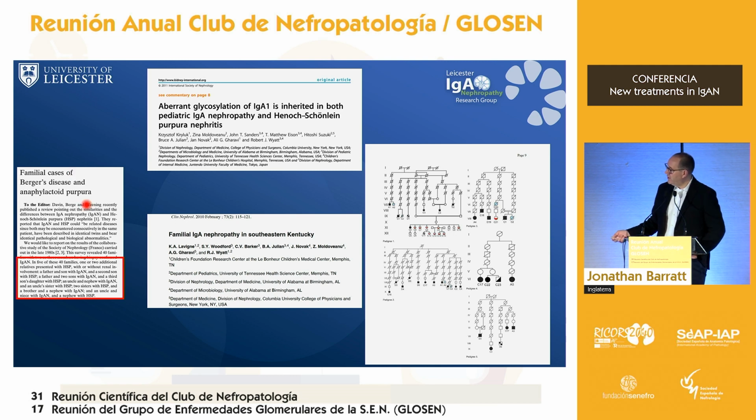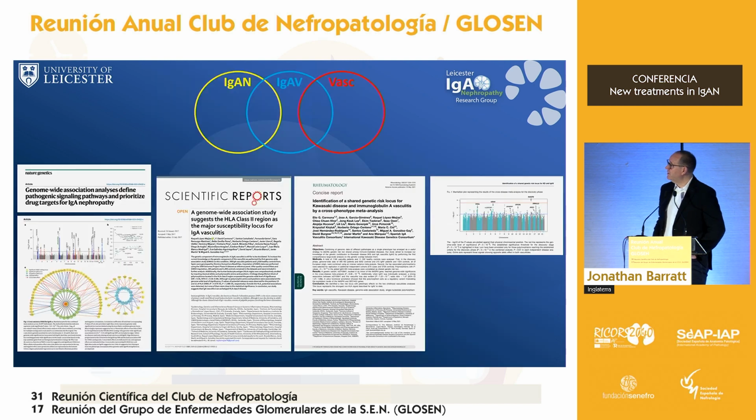In this large pedigree from southern Kentucky, you can't really see it on the screen here, but you have patients with IgA nephropathy and you have siblings that develop IgA vasculitis in the same family. That occurs in multiple families, suggesting there is a shared genetic risk for both diseases.